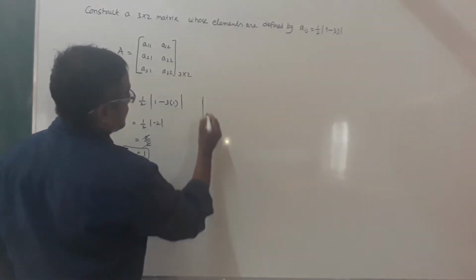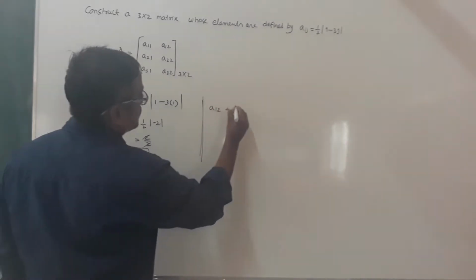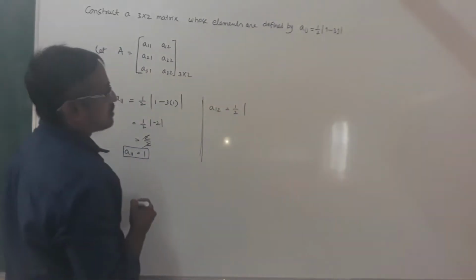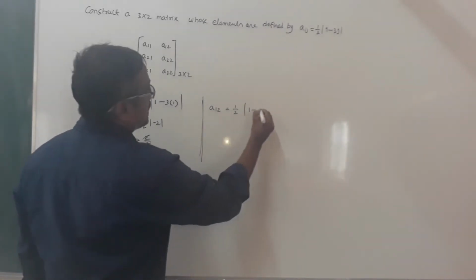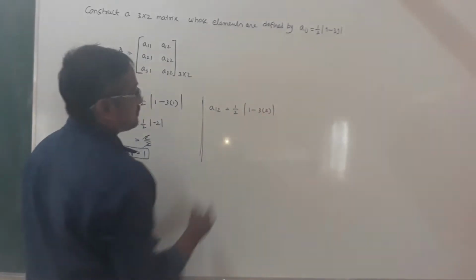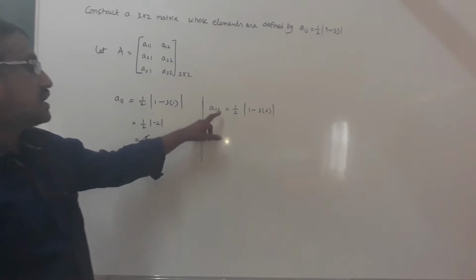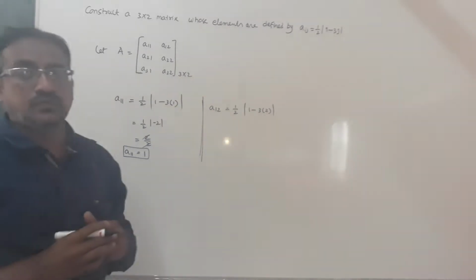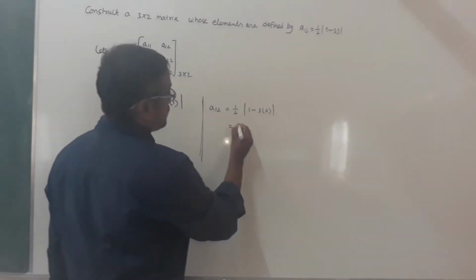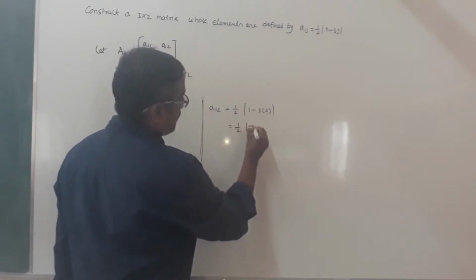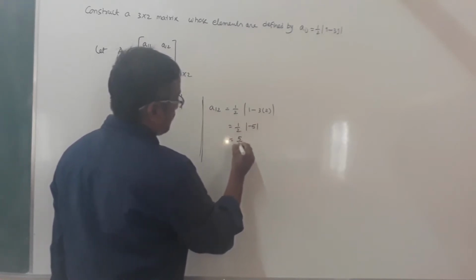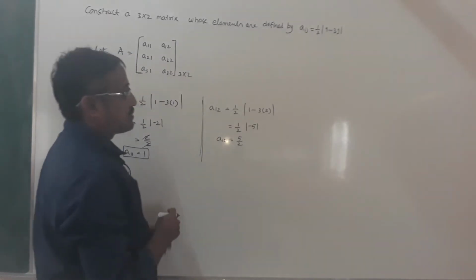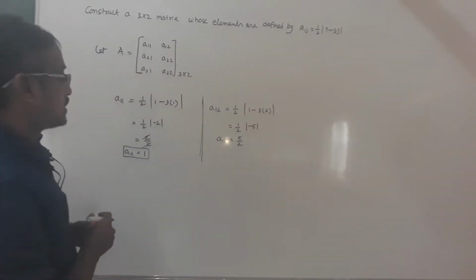Again, A12 is 1/2 into mod 1 minus 3 into 2. i and j are 1, 2. So 1/2 into mod minus 5. So it will be 5 by 2. A12 is 5 by 2.